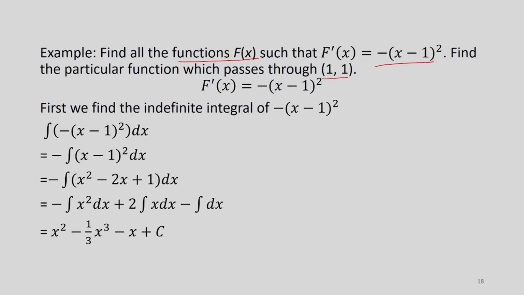We have to find F(x) such that F prime of x is a particular function of x, and secondly, there will be many such functions which will satisfy this condition. We have to find that particular function which passes through (1, 1). Okay, so first we have to basically integrate this minus of (x minus 1) whole square, right, because this is the antiderivative.